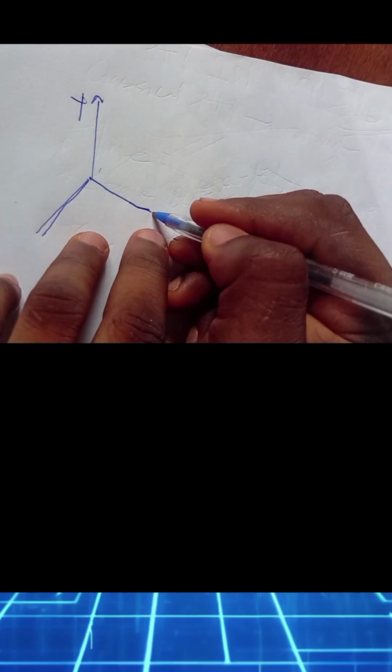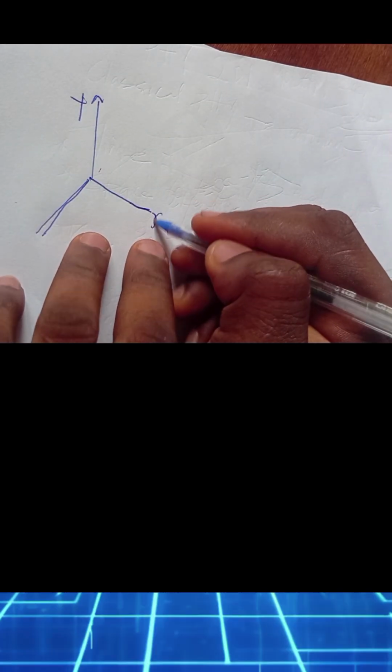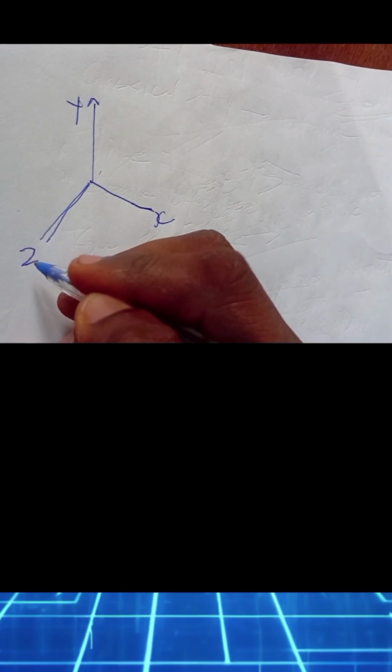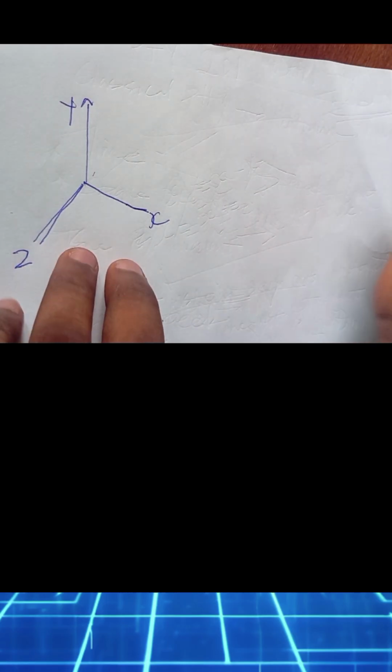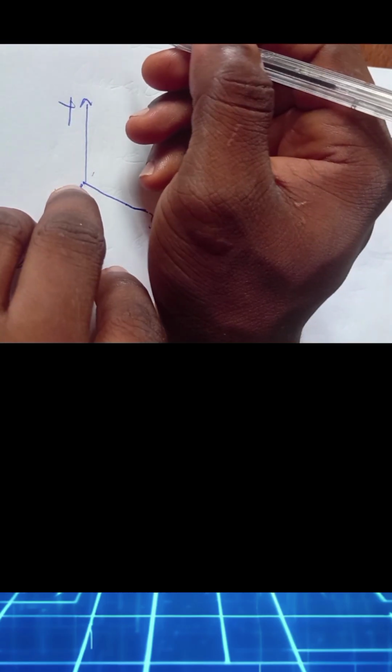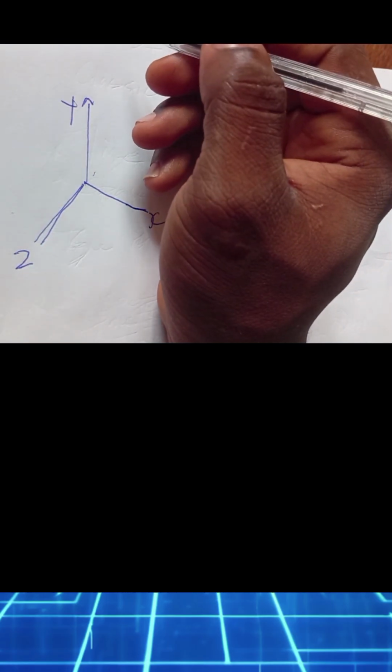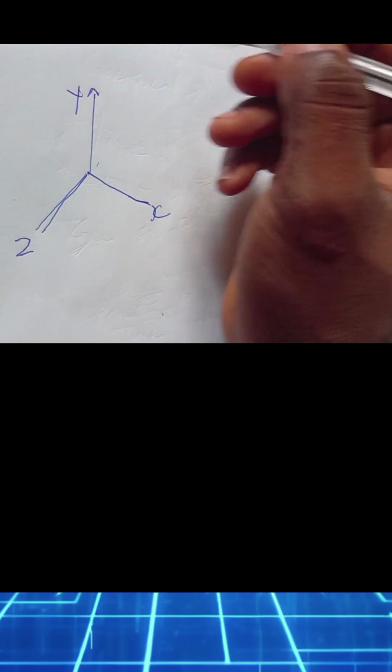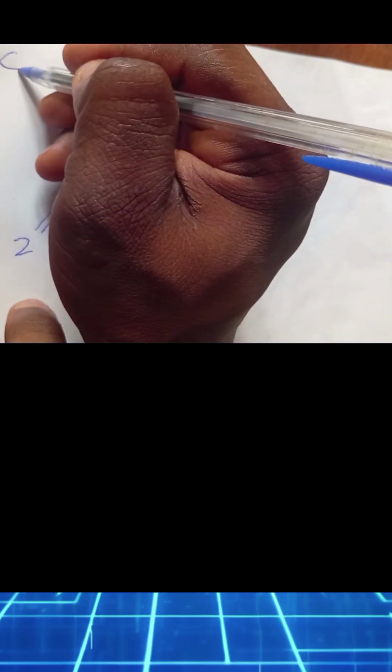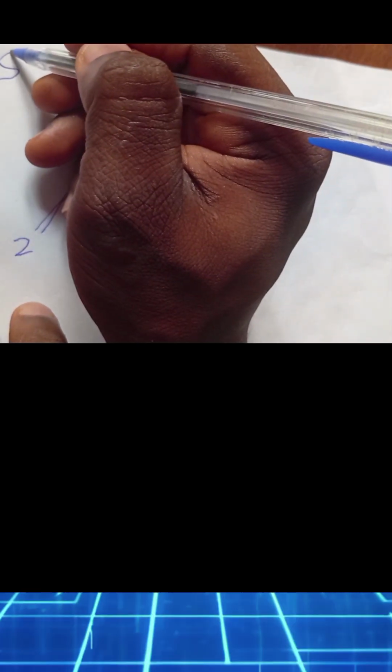So this is y, this is x, and this is z. This is the Galilean transformation. This one is the one that is not moving. You can denote it with x with no prime.